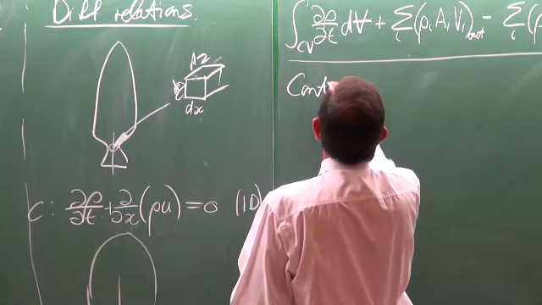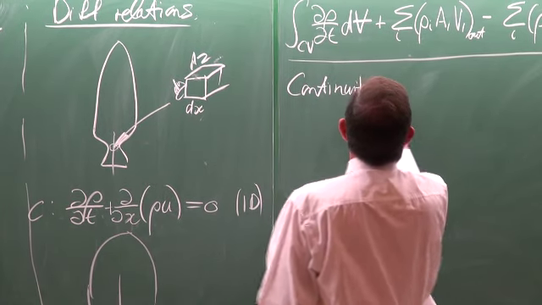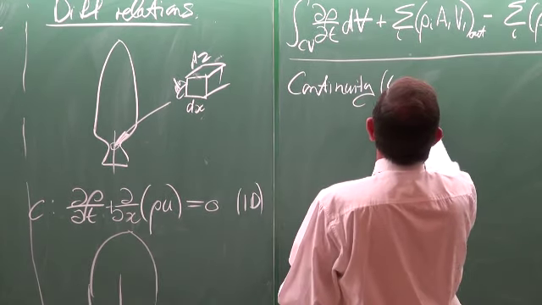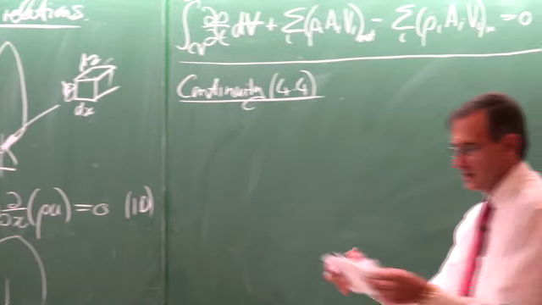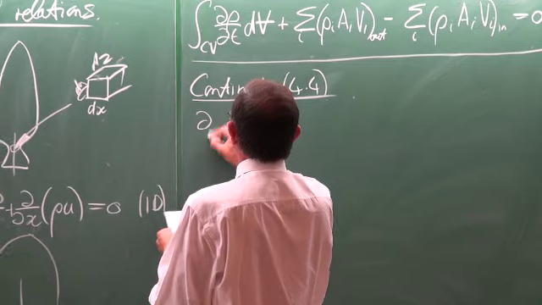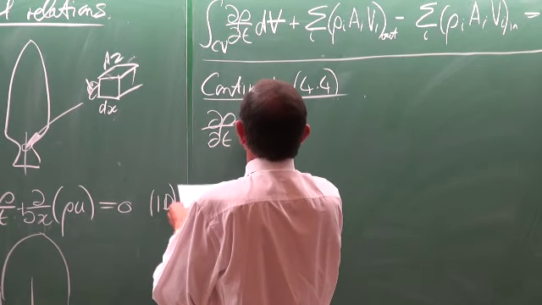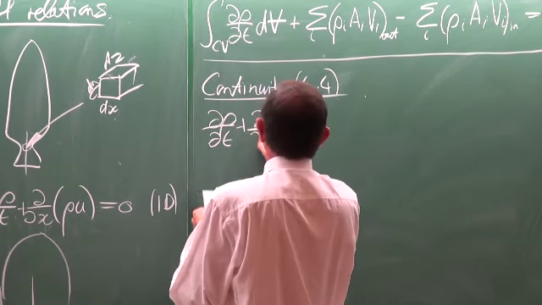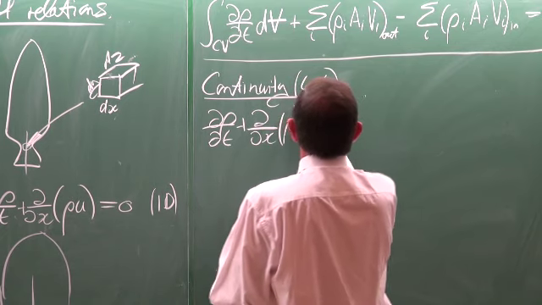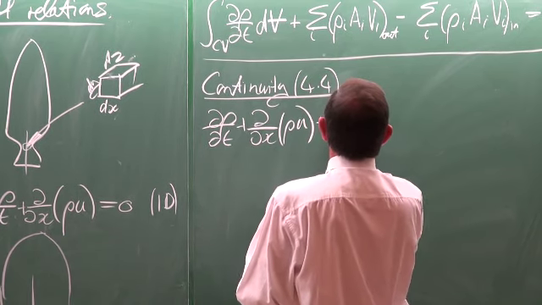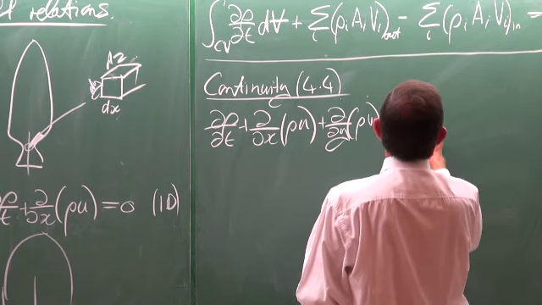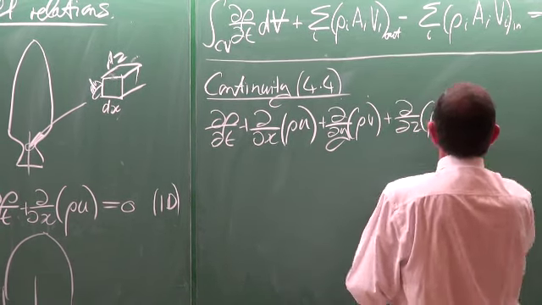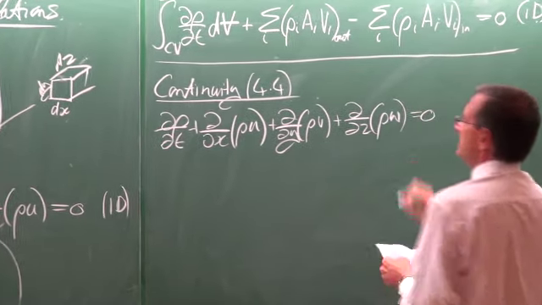Okay, it's a continuity equation, and it's typically equation 4.4 in the textbook of White. And this equation looks like this: partial d rho dt plus partial d dx of rho u plus partial d dy of rho v plus partial d dz of rho w is equal to 0.